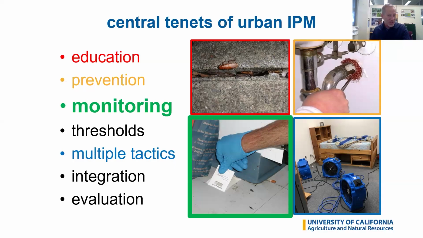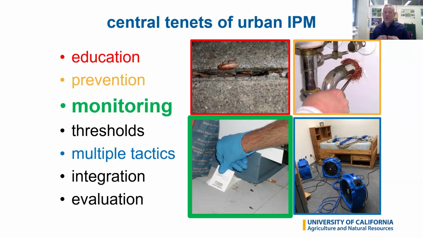When we detect our pests, we use multiple tactics, and this is really a key central tenet of urban IPM, because the I in IPM stands for integration, and you cannot integrate just one tactic. So if you are relying on pesticides, you're not using IPM.